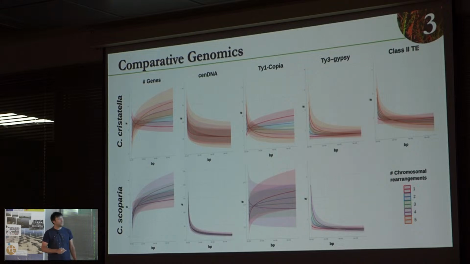And we find a significant relationship between the distance from the fission and fusion points and the density of these genomic features. In the areas close to the fission and fusion points, we have a high density of repeat DNA, and in distant areas of the genome is where we find a high density of genes. So basically the model is very similar to the butterflies. Again, these repeat DNA are the genomic signature of these fission and fusion events.